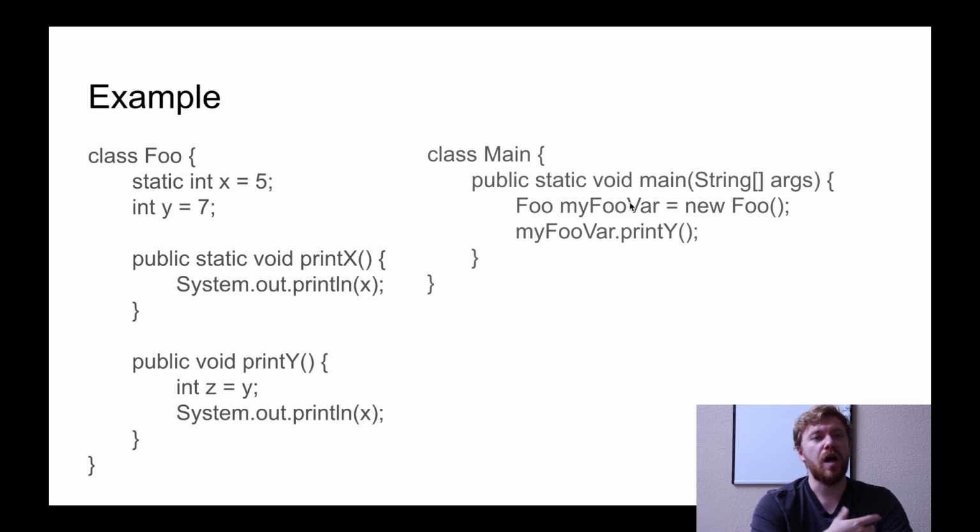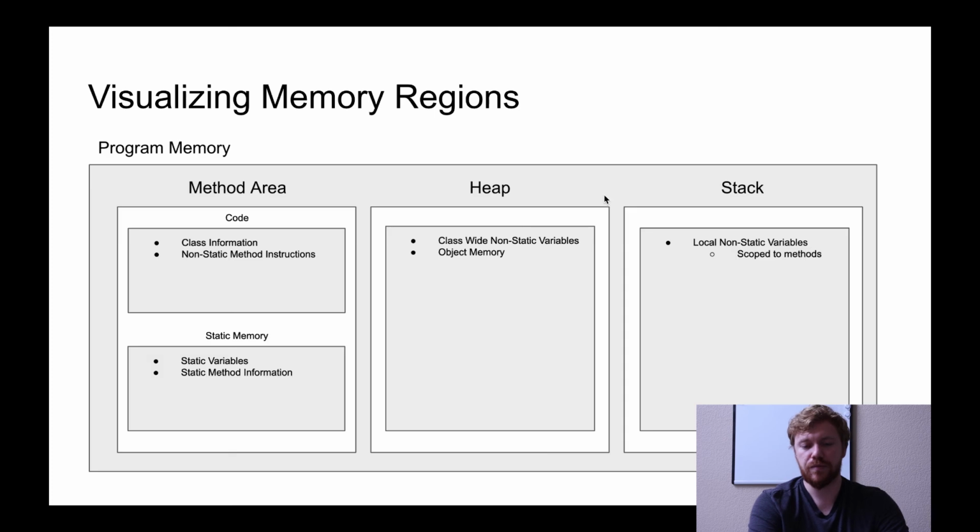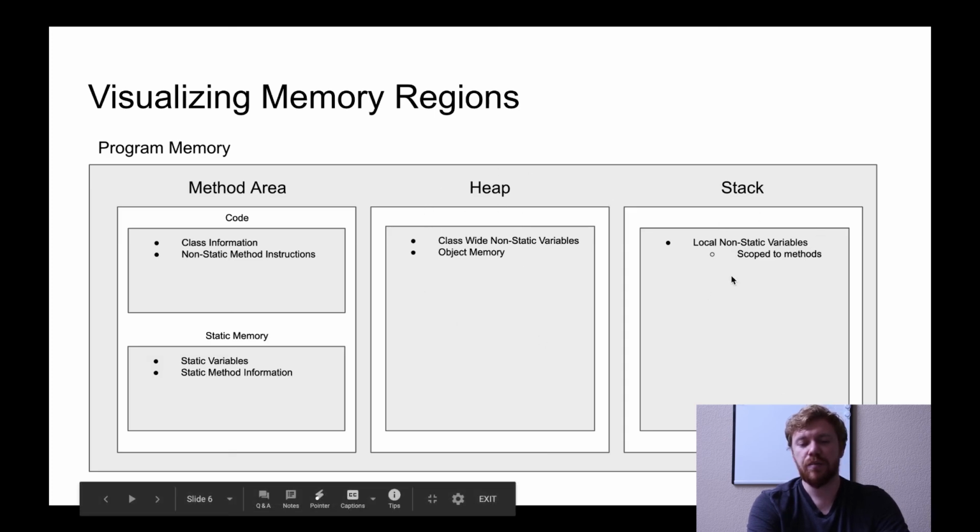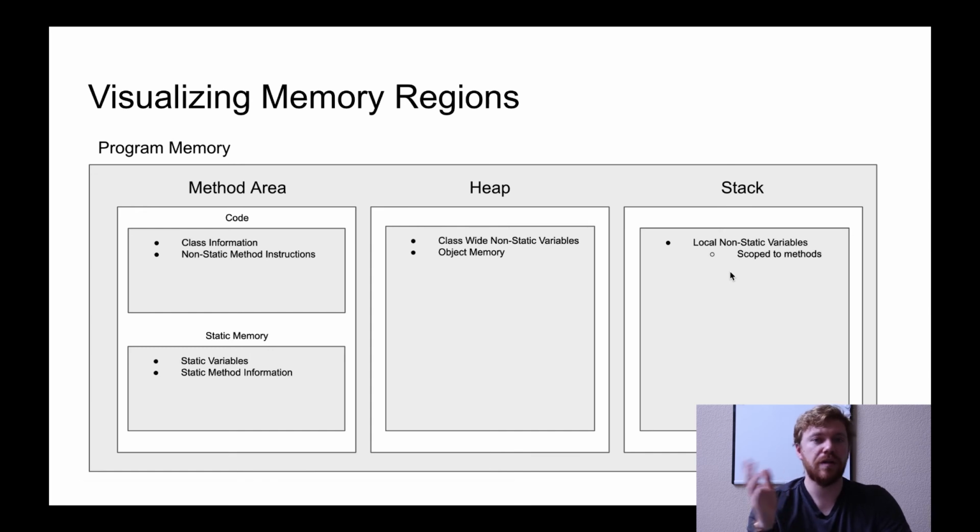But if you remember, all objects exist on the heap. So while the address exists in the stack, the object's memory for this Foo object will exist inside of the heap. The variable name and the value associated with it as an address will exist in the stack.